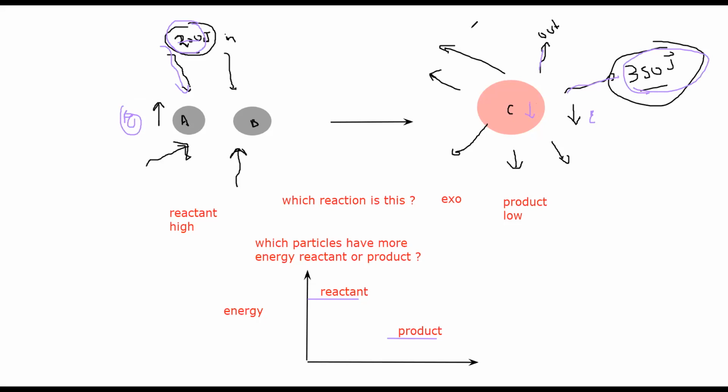So for an exothermic reaction, energy of the reactant is always higher than energy of the product. Is it clear?